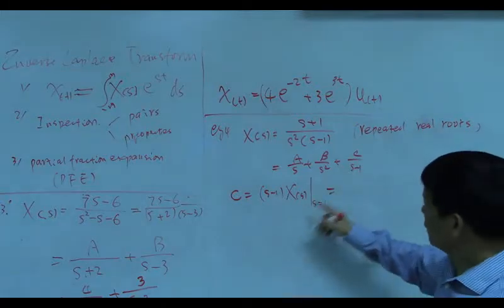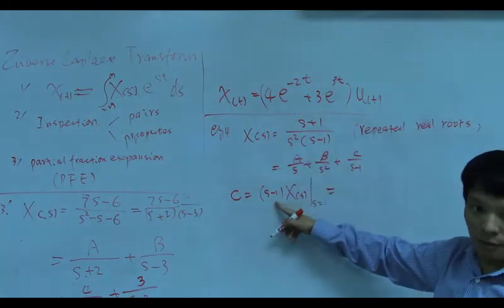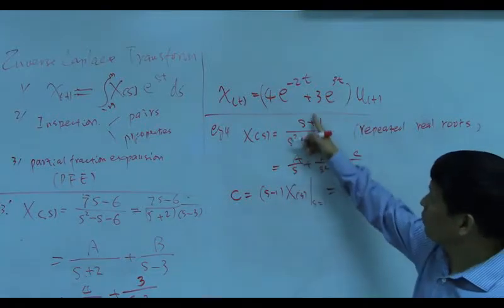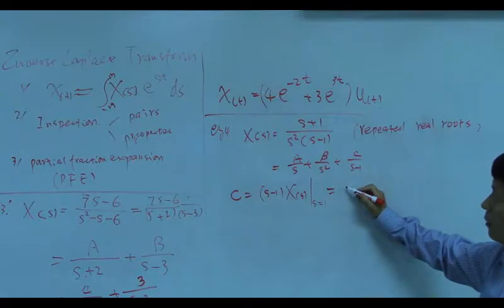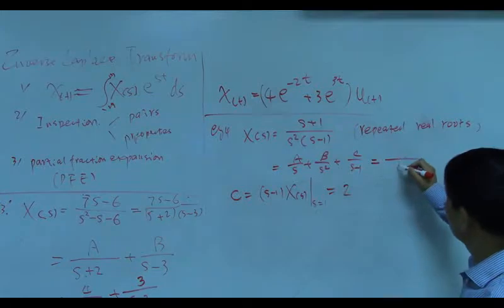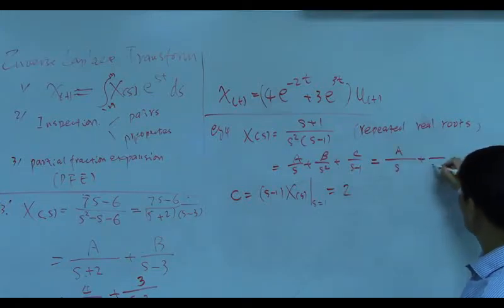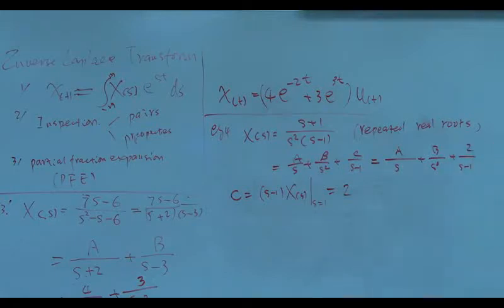Look at this. On the top, this part will be gone, right? It cancels with this, and we have only this part left, and make s equal 1. So what is it? 2. 2, right? Yeah. So C equals 2. So I write this one here because sA plus s squared B plus (s minus 1) equals 2 here.